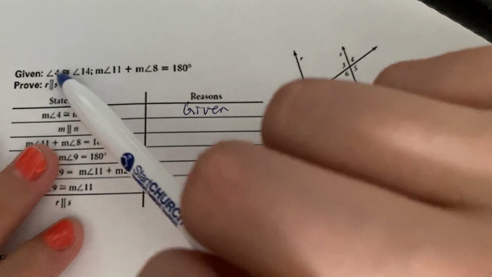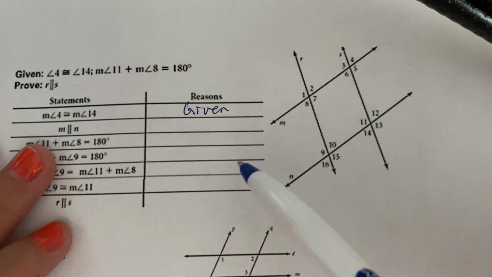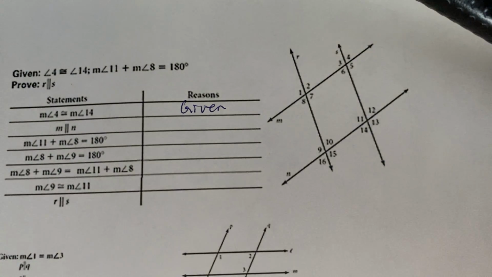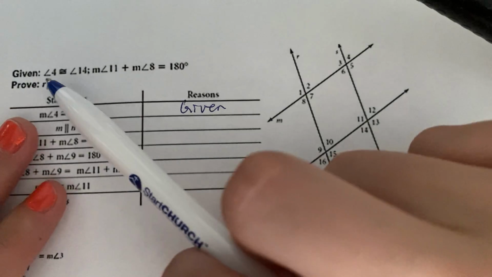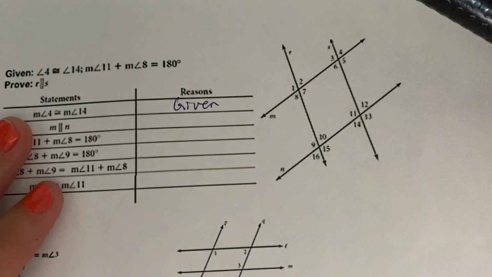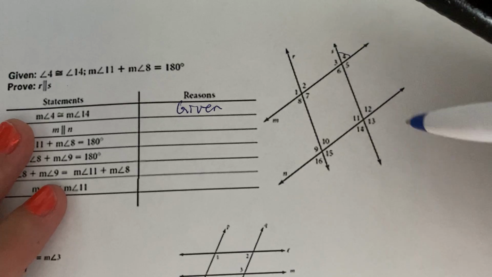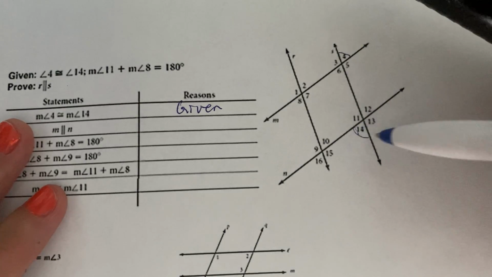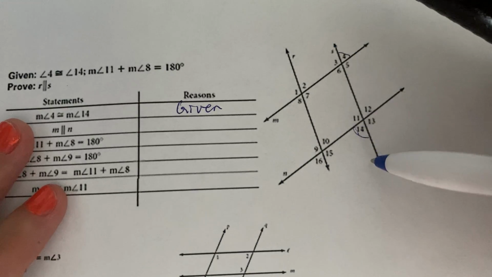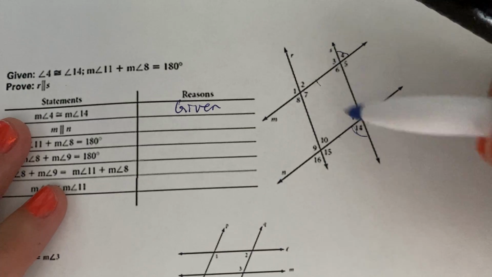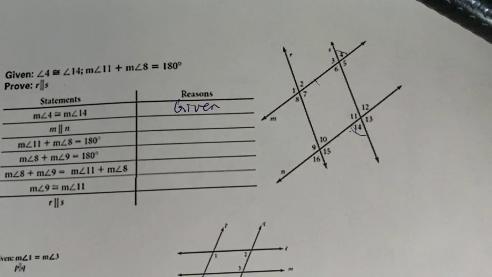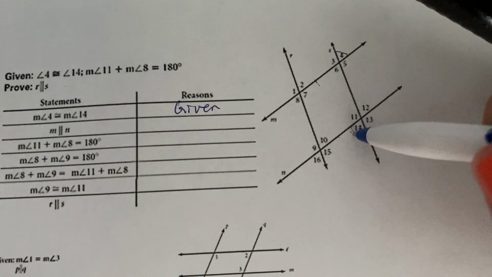Okay, so with every single one of these theorems, the converse is true. So if I know these angles, 4 and 14, are congruent, by the alternate interior angle converse, I know these two lines are parallel. So it's just the opposite. So since I know these are congruent, I know these two are parallel.